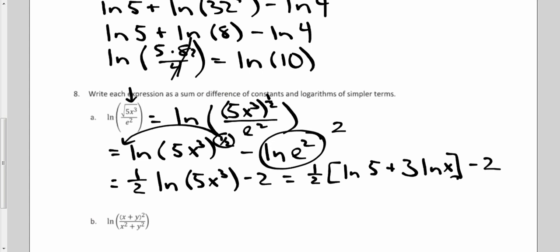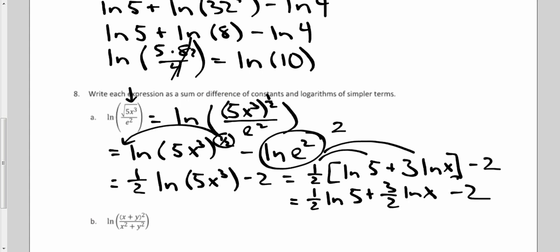And then finally, last step is distribute the 1/2. And I get 1/2 natural log of 5 plus 3/2 natural log of x minus 2.